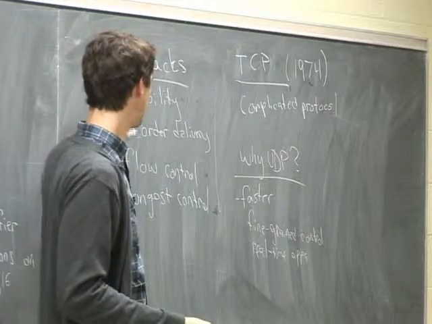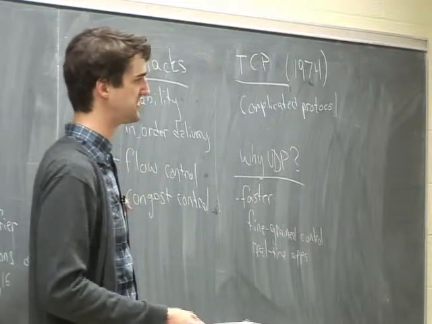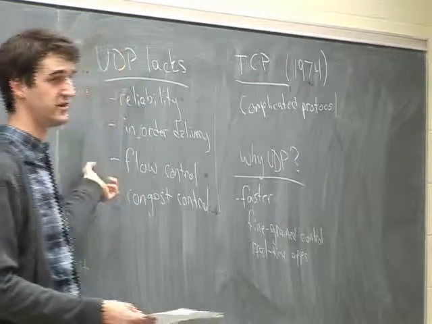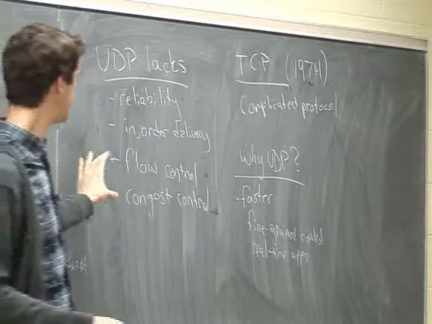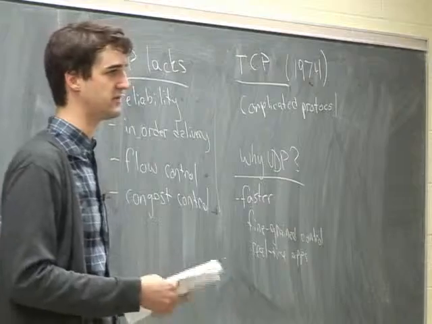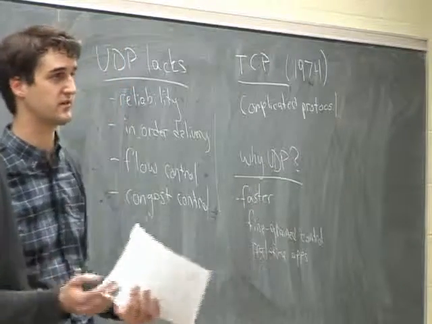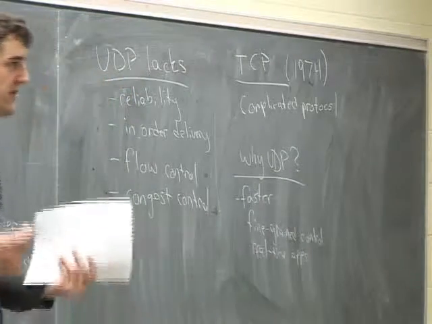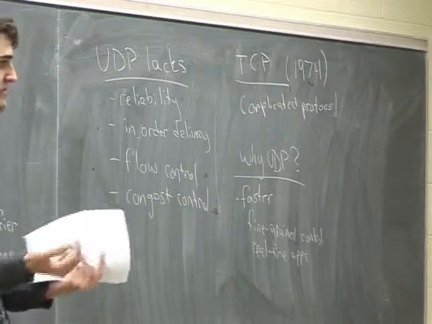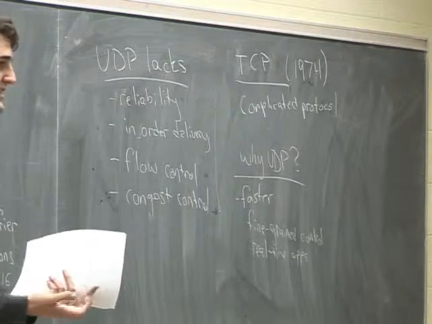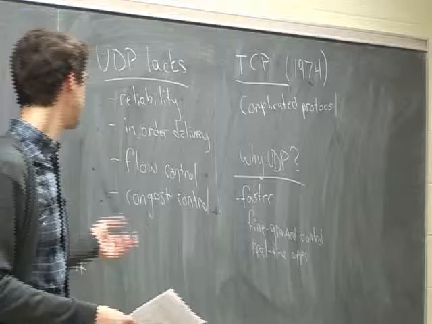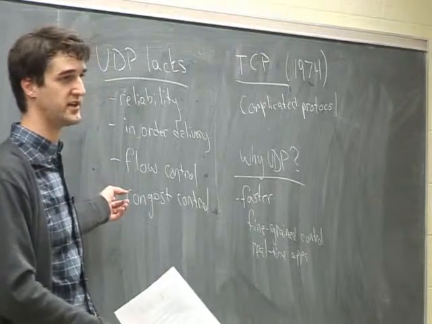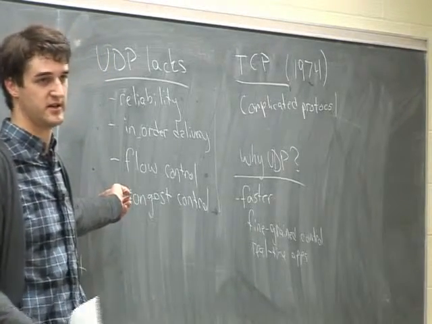The in-order delivery you don't need. Now the flow control and congestion control, I'd say are very important. The reason why is because if it didn't have congestion control, peer-to-peer would be overloading your ISP's network. Everyone would be using peer-to-peer. Rogers would have their networks saturated with this because no one would be doing any sort of congestion control. So Rogers would hate it and they would shut it down immediately, right?